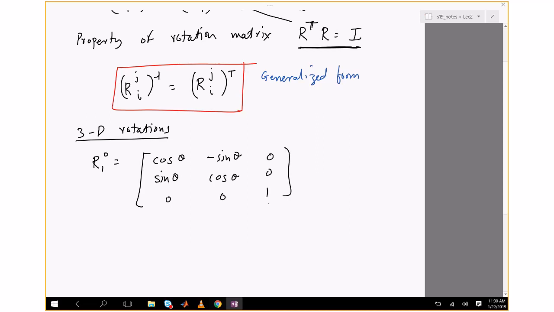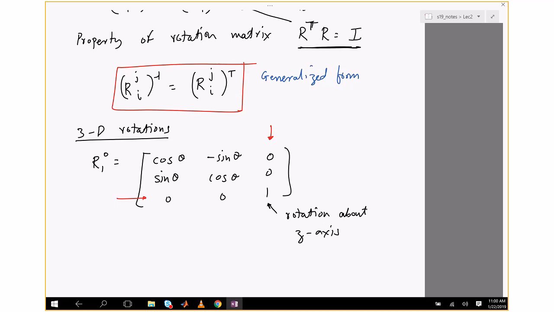Okay, so this indicates rotation about the z-axis. In other words, in the third row and the third column, you'll have 0, 0, 1 because the vector in the z direction does not change. It just remains as it is. So what I showed you was actually a 3-dimensional rotation.